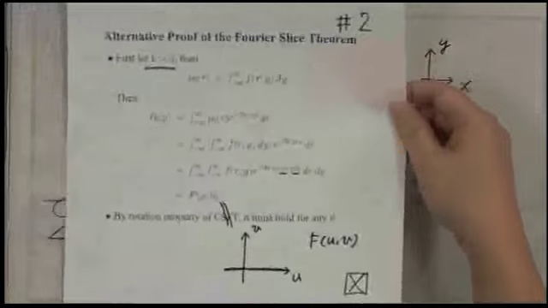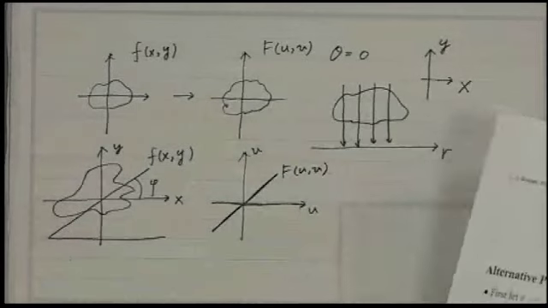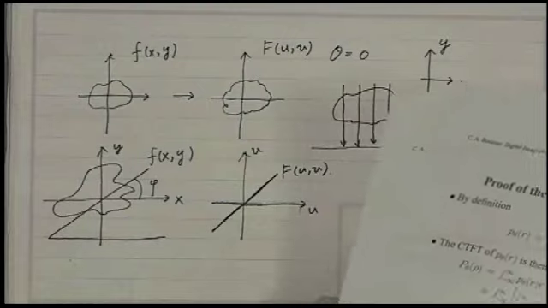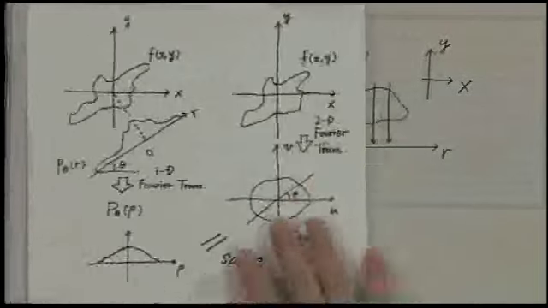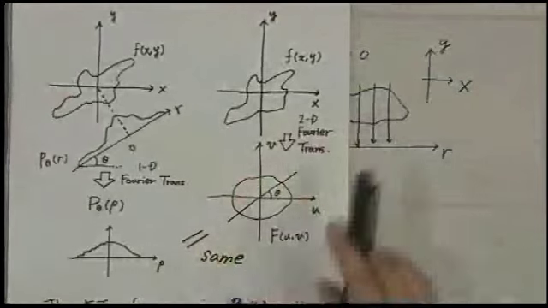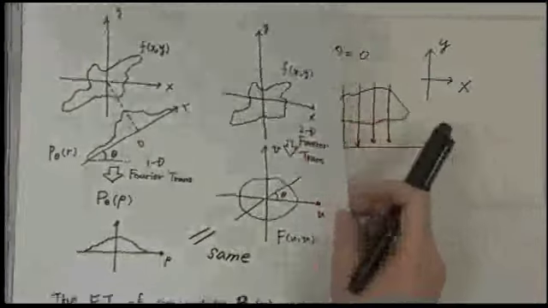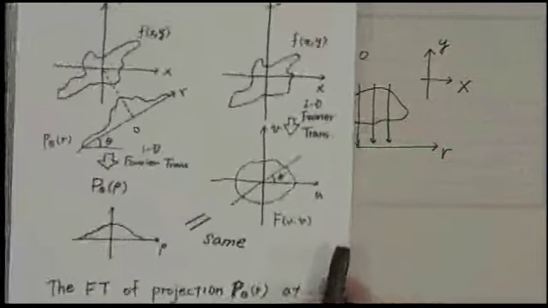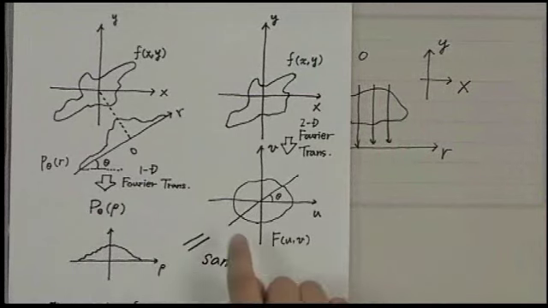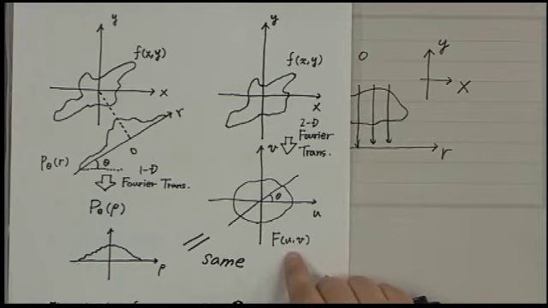Okay, so we finished the proof of the Fourier Slice Theorem. And let's go back to the original part. Why is the Fourier Slice Theorem so important? We already learned, okay, if we use this theorem, we can plot F(u,v).